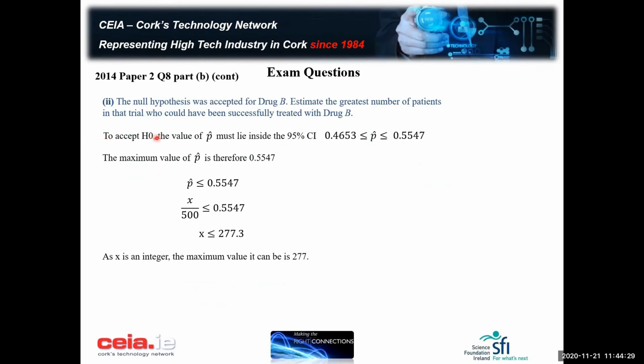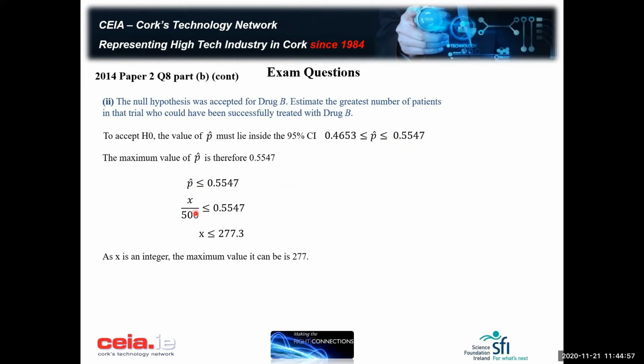To accept the null hypothesis, p hat must lie inside this confidence interval, so it must lie within those values. They're looking for the greatest number of patients that's compatible with that, which would be the upper value here. So p hat must be no bigger than this upper value, our maximum value of p hat, 0.5547.